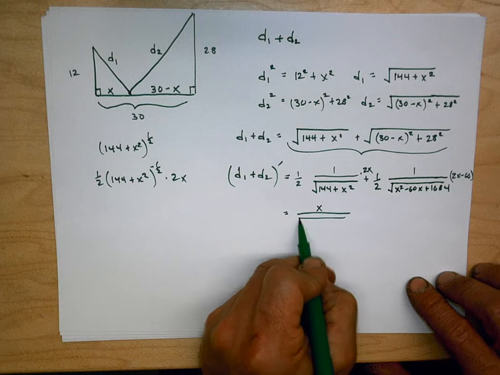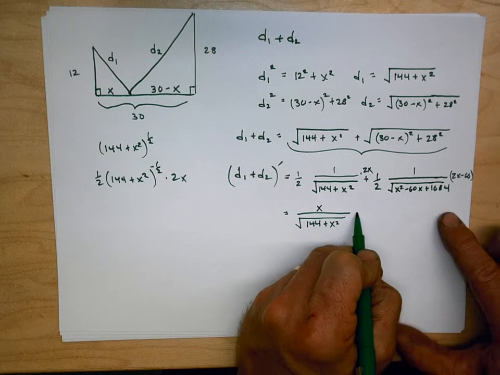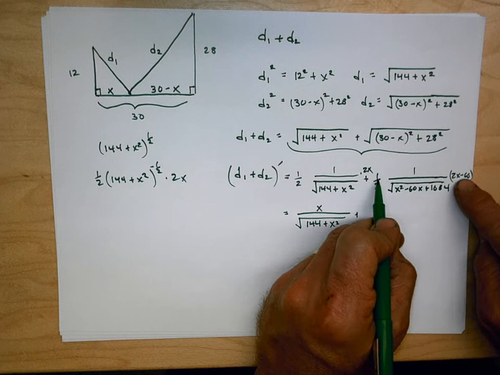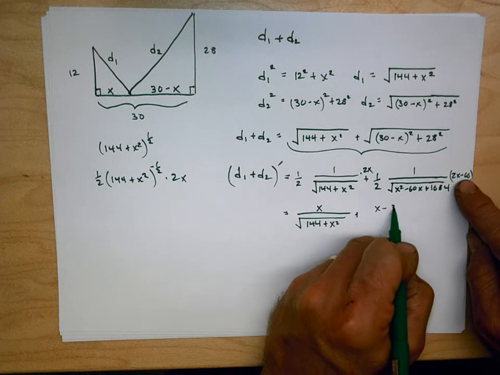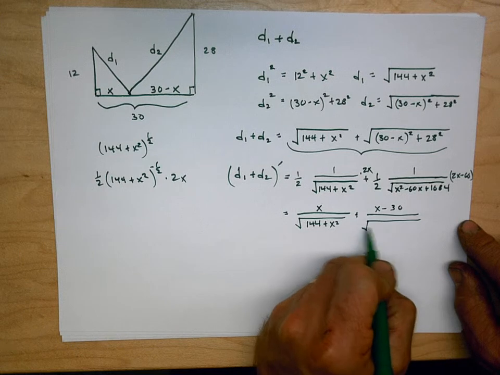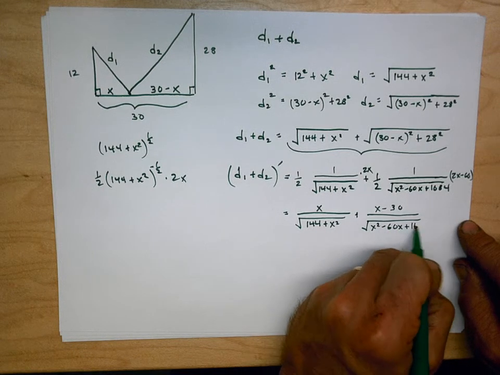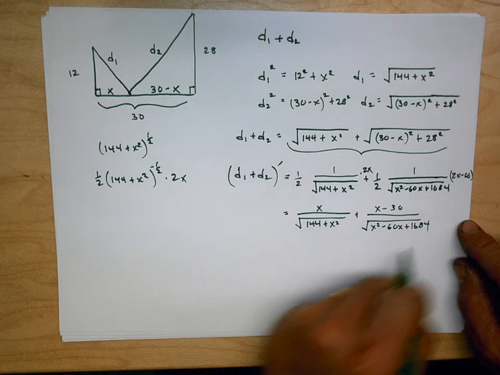x over the square root of 144 plus x squared, and then plus, if I take half of 2x minus 60, I'm left with x minus 30 over the square root of x squared minus 60x plus 1684. All right, and I am setting that equal to 0.